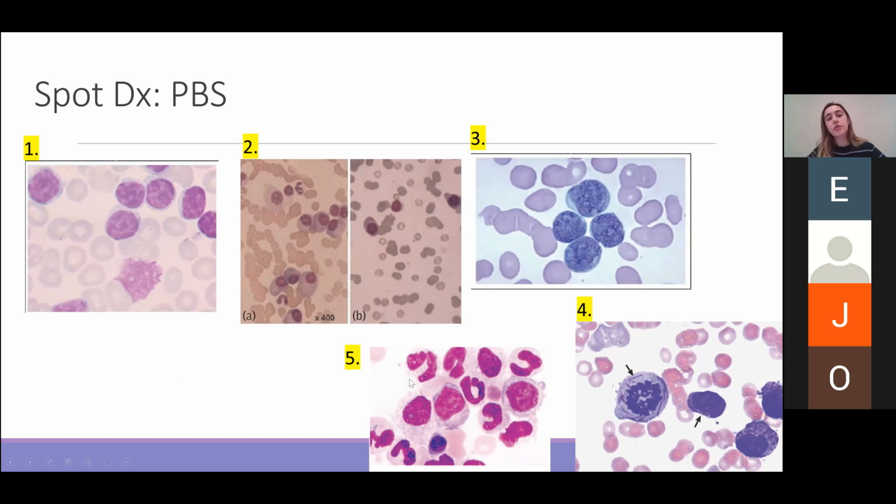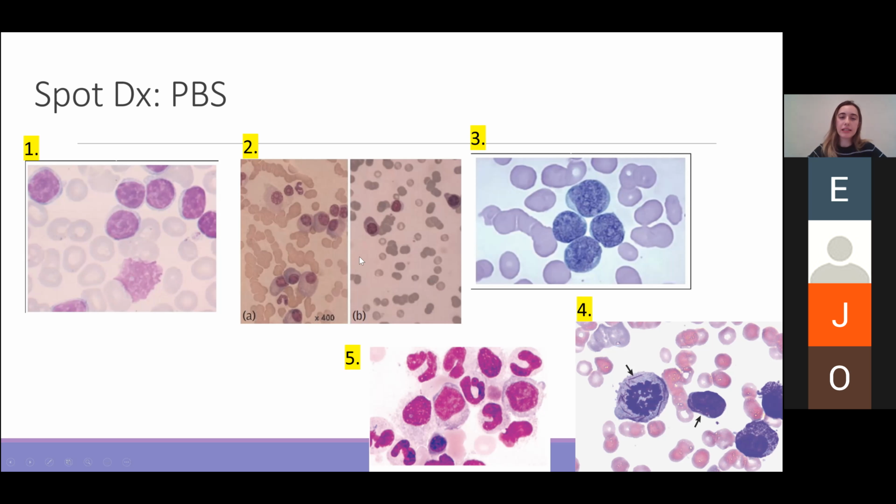Okay, so this first one, this is a kind of weird looking cell here, and this is the smear cell, and this is basically indicating that this is CLL, so a common adult leukemia.